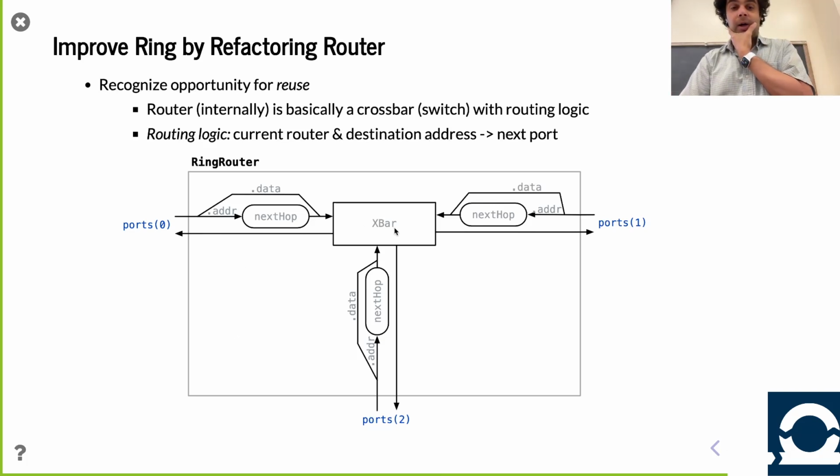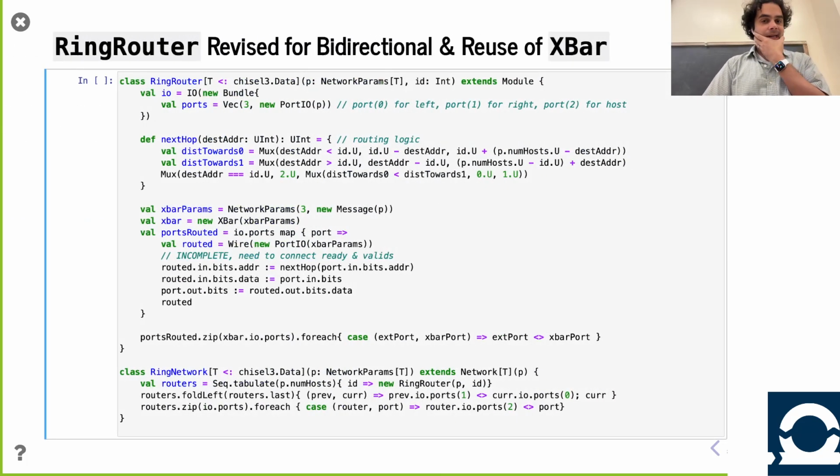So we have the crossbar, messages come in, we pull off the address field, use our routing logic, etc. Right? So let's see that. Now for our router, we're going to have three ports, which is a little bit peculiar. Remember, we have basically ports for either direction in the network and a port going back to the host.